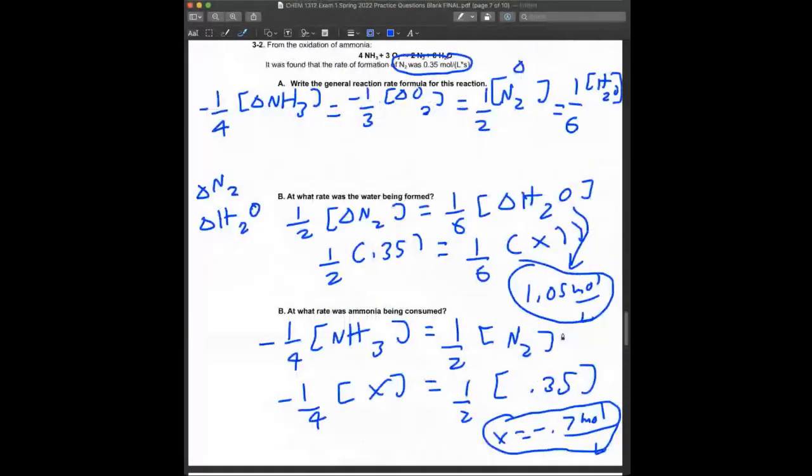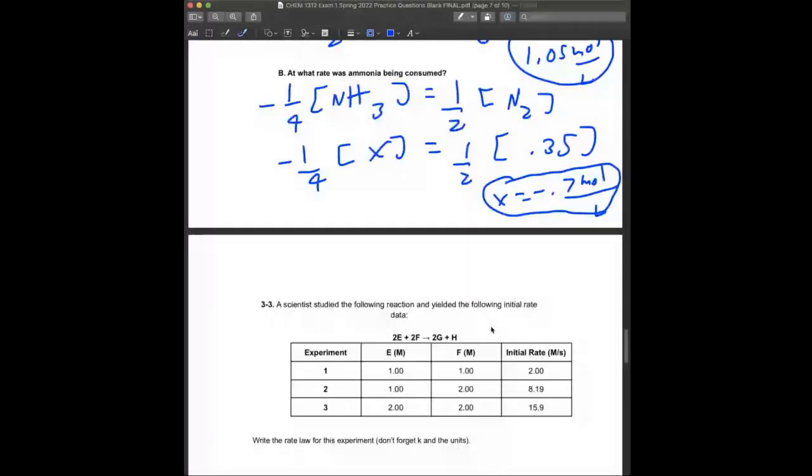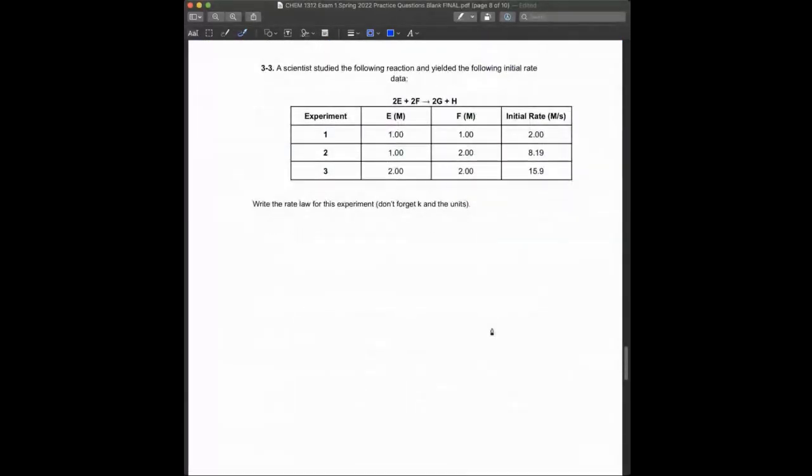And if you're ever confused on that, you can always clarify with your professors on what they want on the exam or what they expect you to do. It has been a while since I took the class.